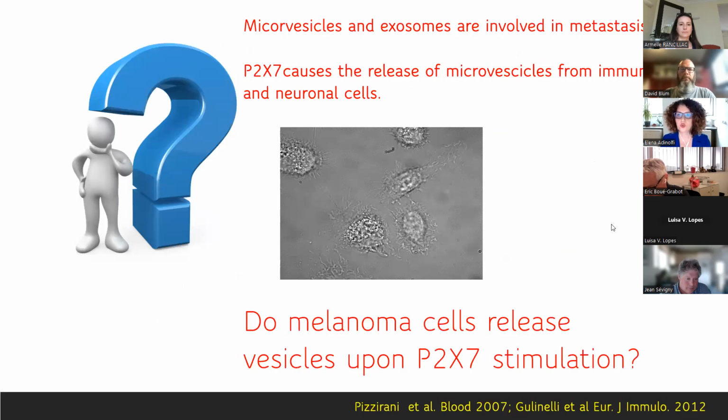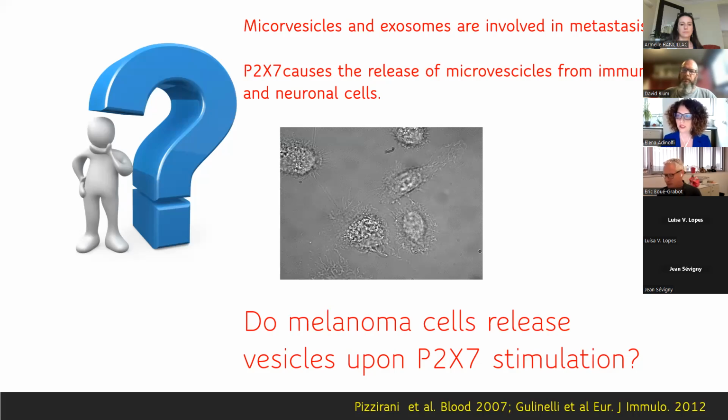We then asked which could be the mechanism underlying P2X7-mediated facilitation of metastasis. And we thought about microvesicle release. This is because it is really well known from cancer studies that microvesicles and exosomes can be favorable for cancer diffusion and metastasis.